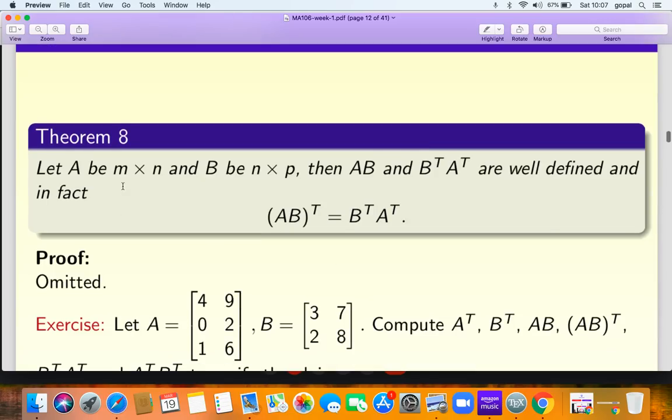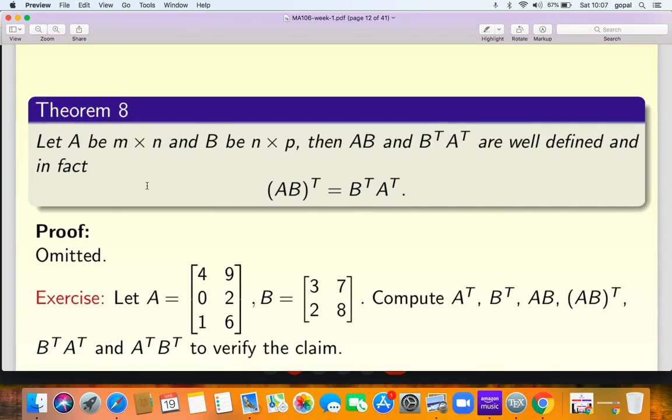Suppose I take two matrices. What is the relationship between transposition and multiplication? A is m cross n and B is n cross p, and I can form the product AB. Now I take the transpose of the product. Is the transpose going to be A transpose B transpose? No. Because what is the size of A transpose?